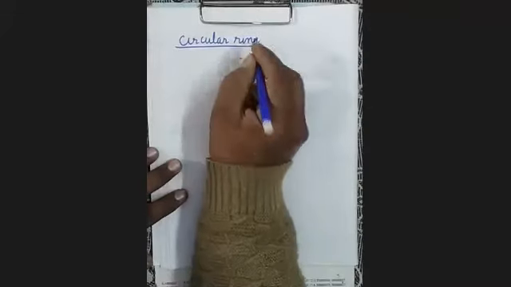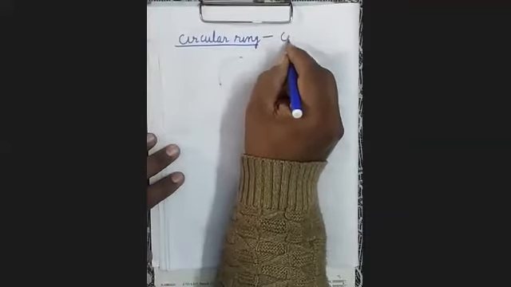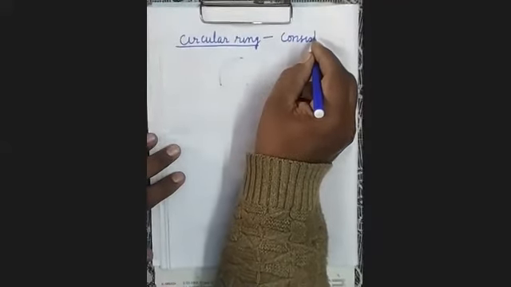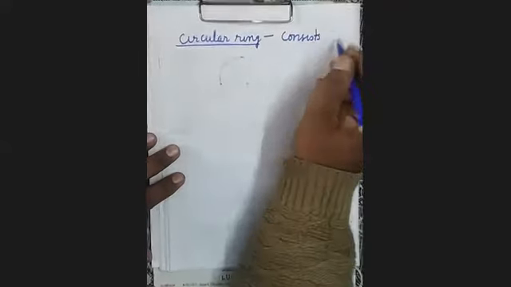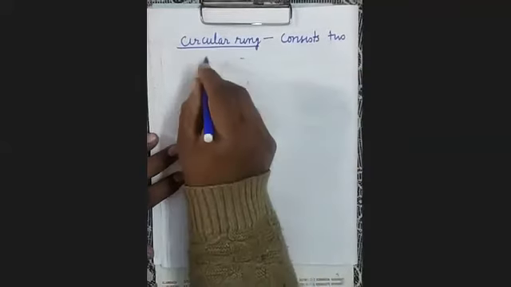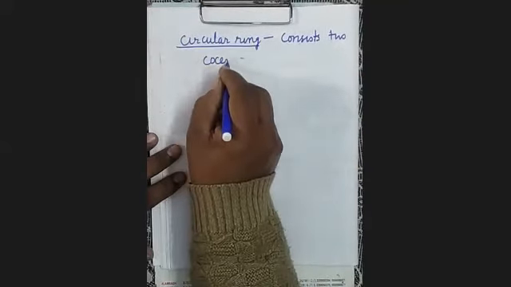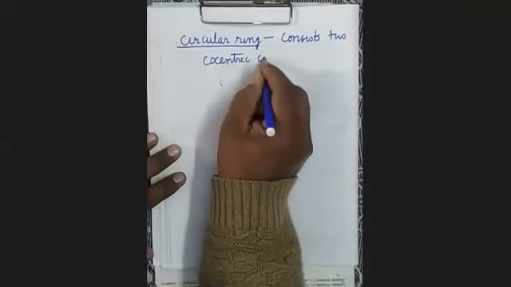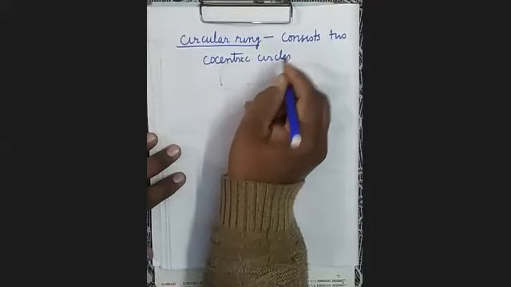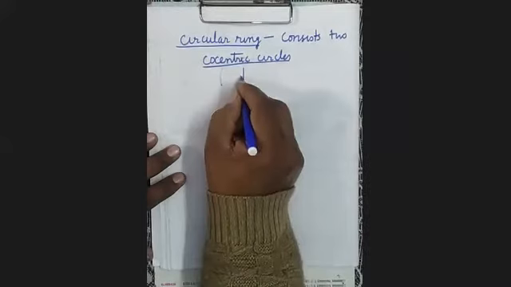So a circular ring consists of two concentric circles. Now what do you mean by concentric circles?